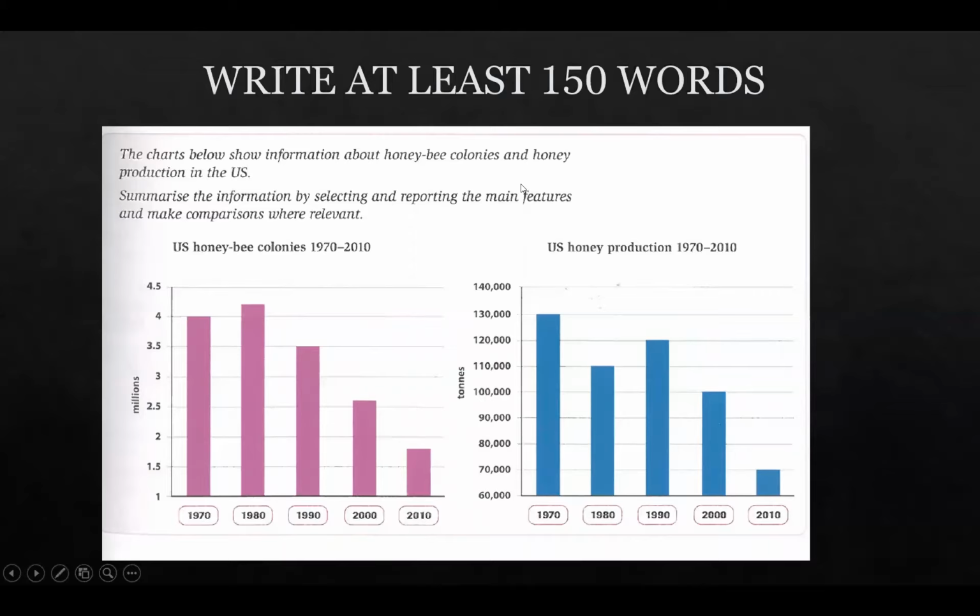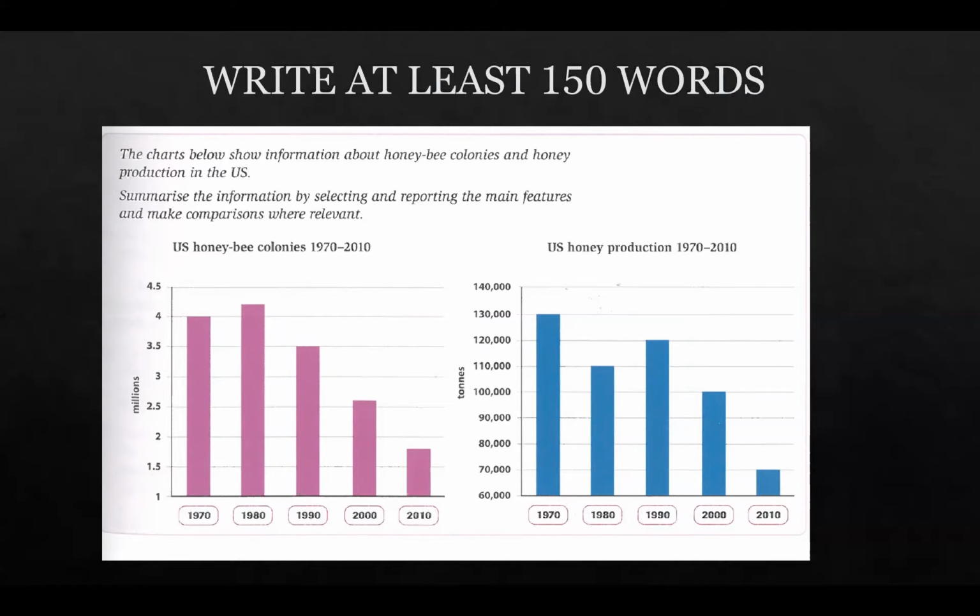In the writing task, this is the example from the Cambridge book. The chart below shows information about honeybee colonies and honey production in the US.